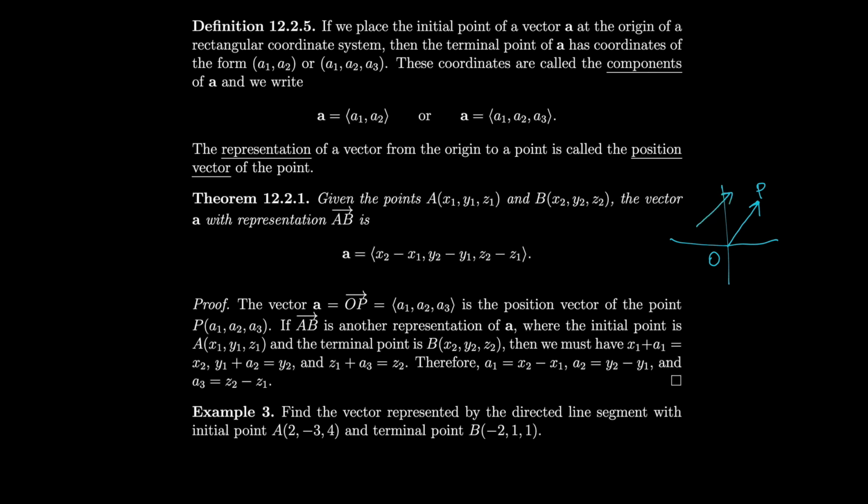It's identical to vector OP, except that it has initial point A and terminal point B. And we're saying that if this is true, then it must be that adding this x value over here to this x value over here must give you this x value over here, and so on.